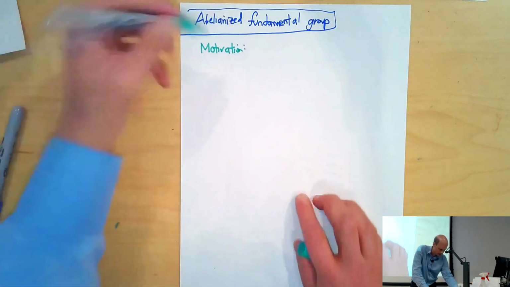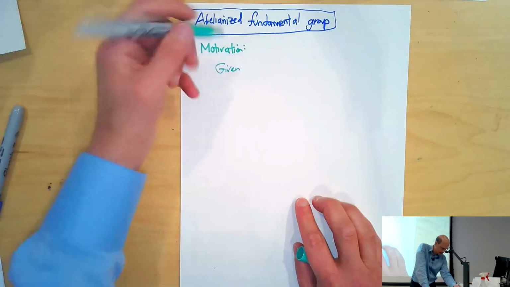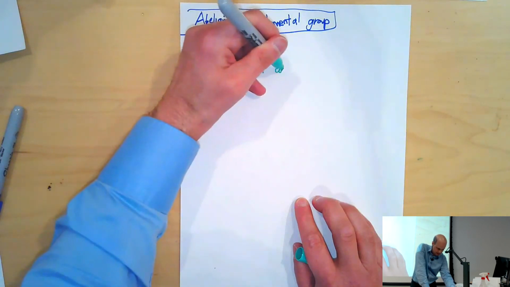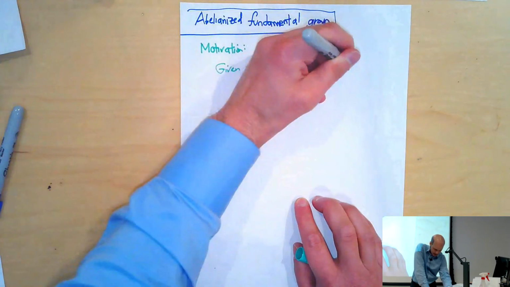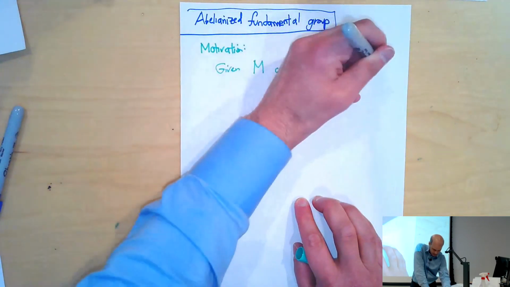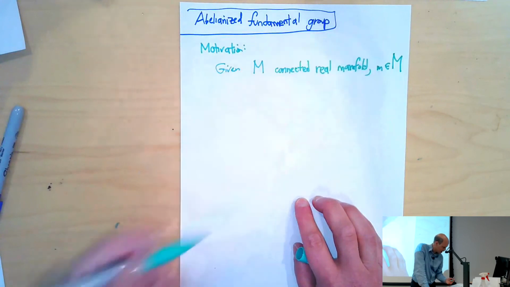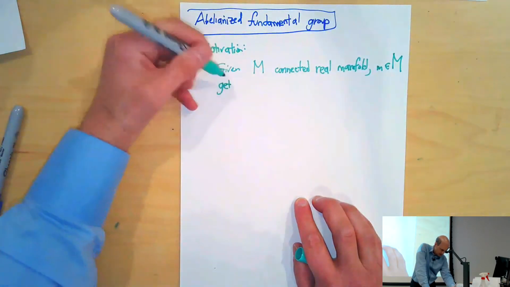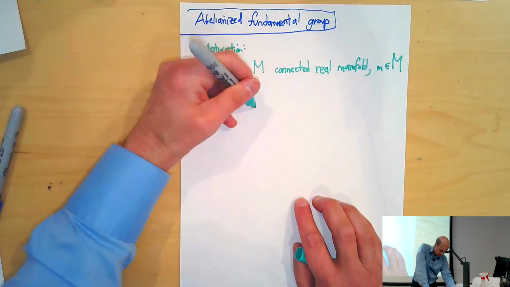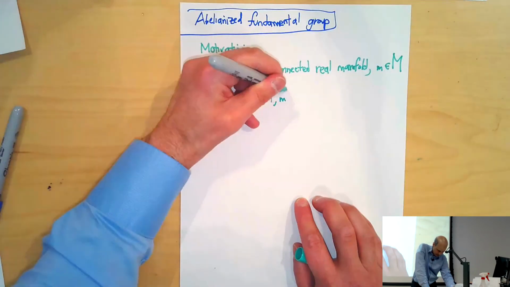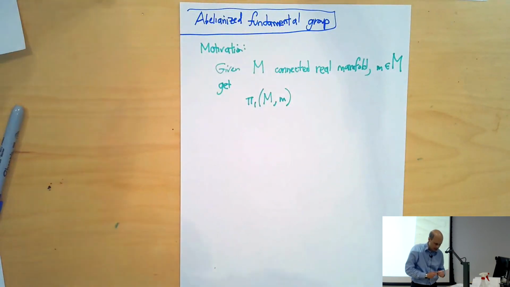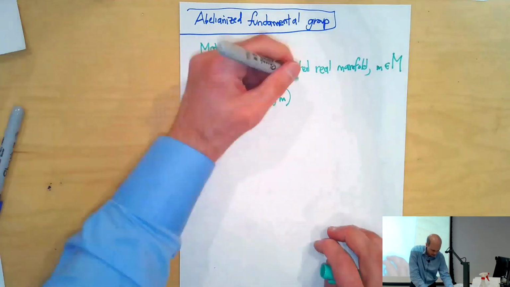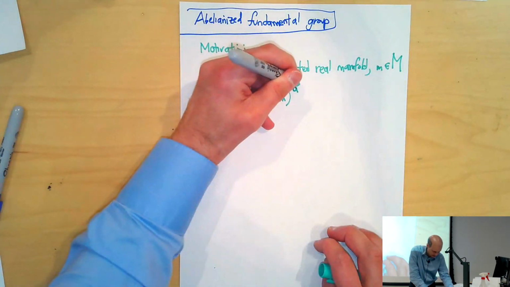If you're given M, a connected real manifold, say, and you also have a base point, a little m, then you can talk about the fundamental group of M with that base point, defined in terms of homotopy classes of loops based at that base point. That's some big group, probably non-abelian, and you can take the abelianization of it.